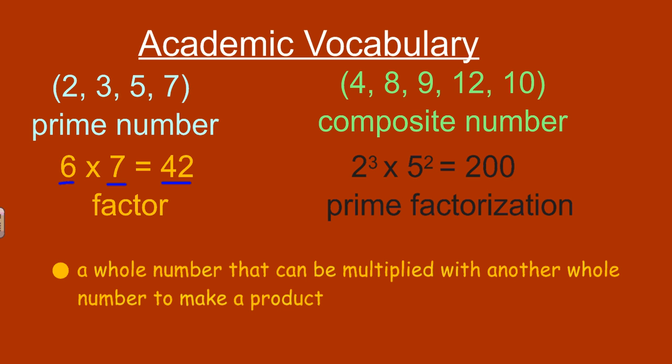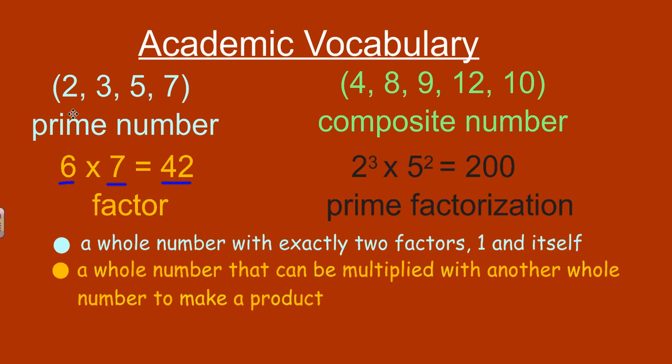Once you know what a factor is, we can better understand prime number. A prime number like these that you see up here, 2, 3, 5, and 7. A prime number is a whole number with exactly two factors, the number 1 and itself.